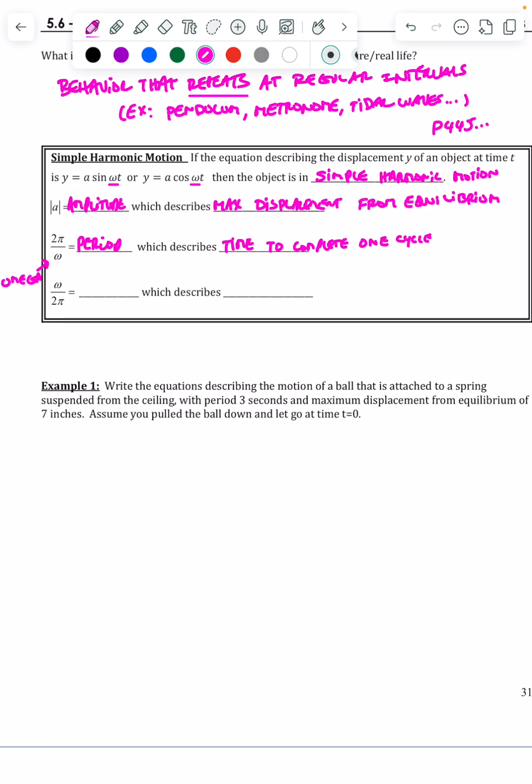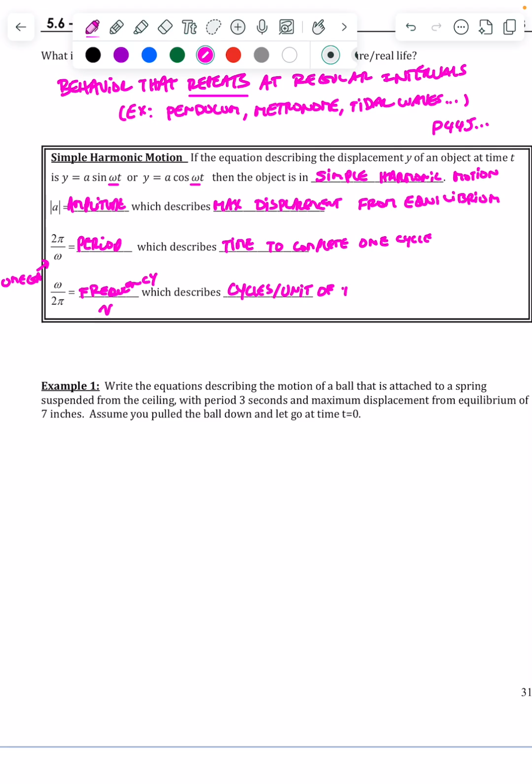If you take 1 over that, or just the reciprocal, that would be the frequency. Sometimes you'll see it in the books as f, or this letter nu, which describes basically how many cycles per unit of time.